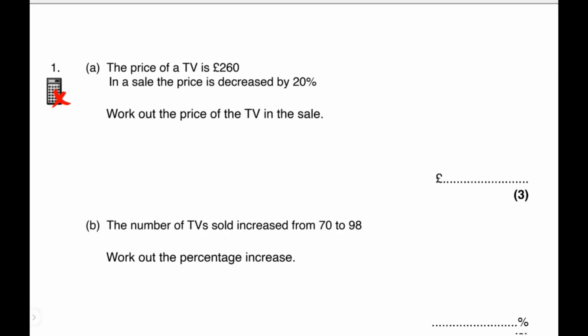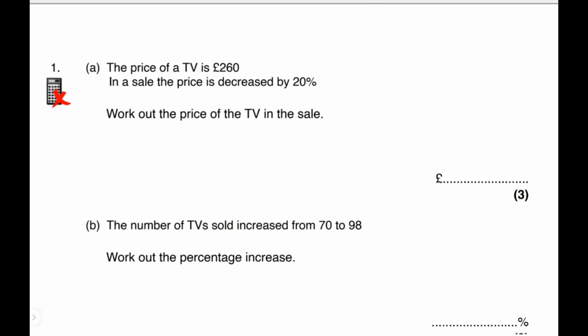Question 1. The price of a TV is £260. In the sale, the price is decreased by 20%. So work out the price of the TV in the sale. So this is percentage increase or decrease. You can check my channel for a video on percentage increase or decrease.